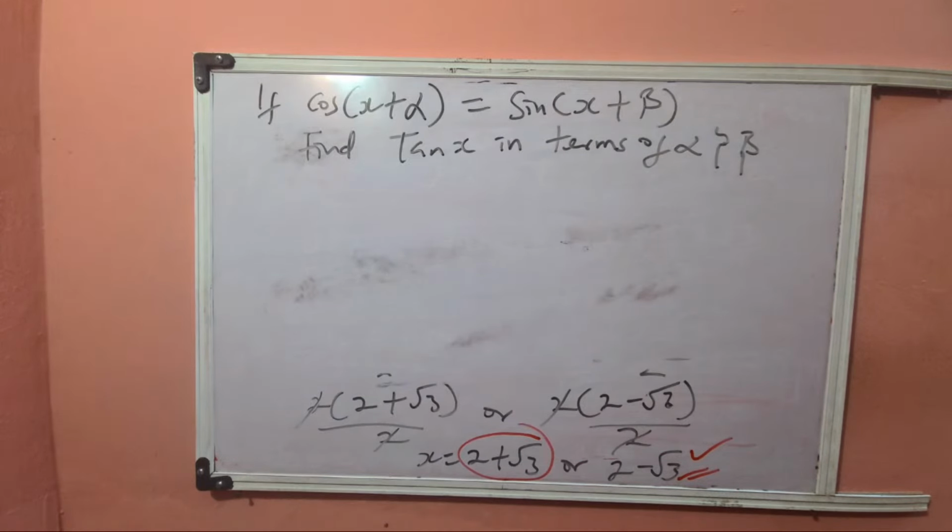So we're told to find the value for tan x, and to leave our value in terms of alpha and beta. So this is also a past question, as I said already. So these are some of the likely questions or something of this form that you should be expecting.